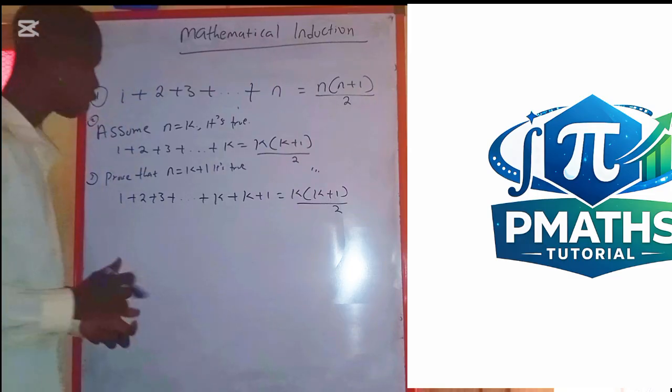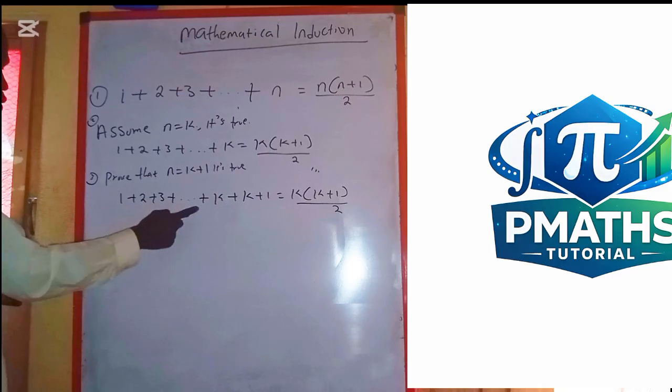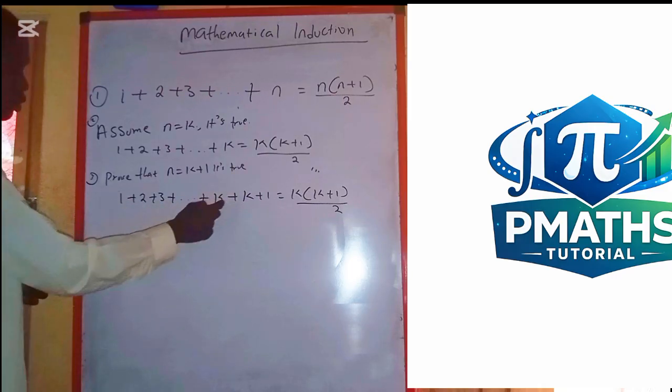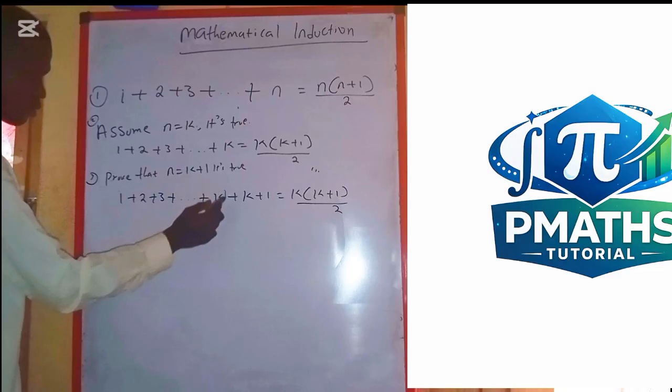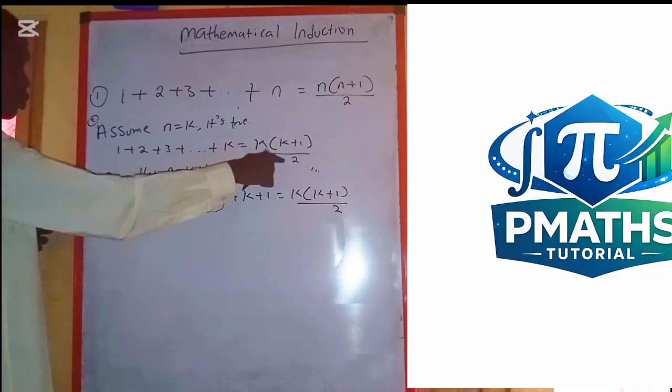So we know that 1 plus 2 plus 3 plus dot dot dot plus k is the same thing as this.